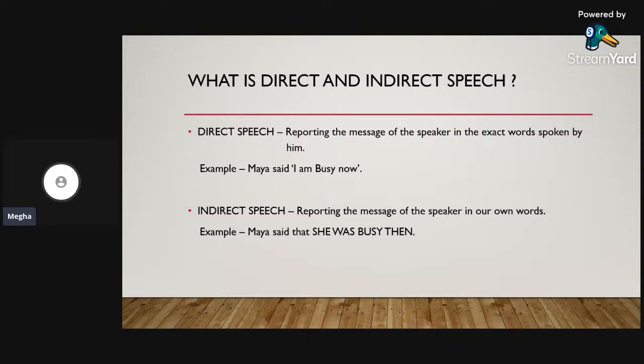You can see the difference between the first and the second example, correct? If you convey the message the same way as said by the other person, it is direct speech. If you manipulate words and say it in your own words, it is called indirect speech. Can any one of you give an example for direct and indirect speech?